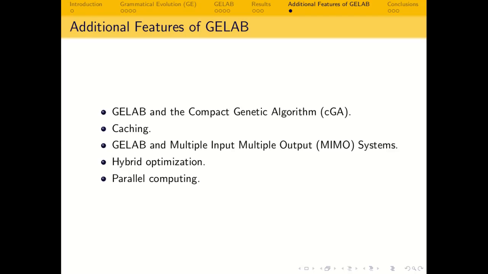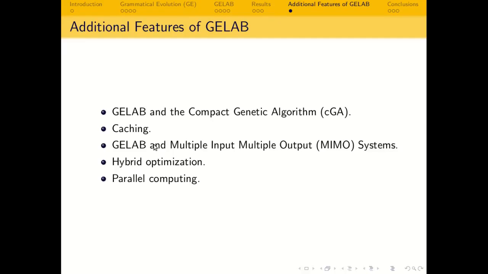It allows genotype and phenotype or individual caching, such as subtree caching proposed by Martin Kaiser, which allows for faster running of GELAB, so that whenever we have created a new individual, we first try to check if it is already present in the cache, and if it is, we take its value from the cache.